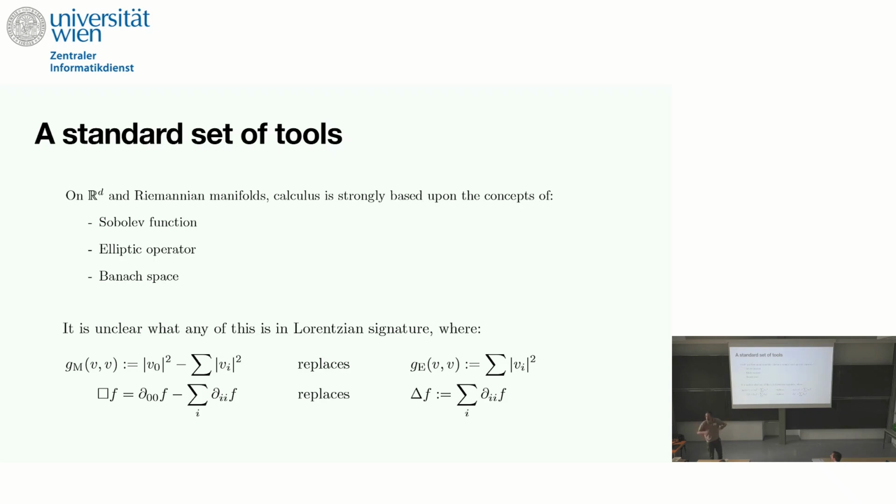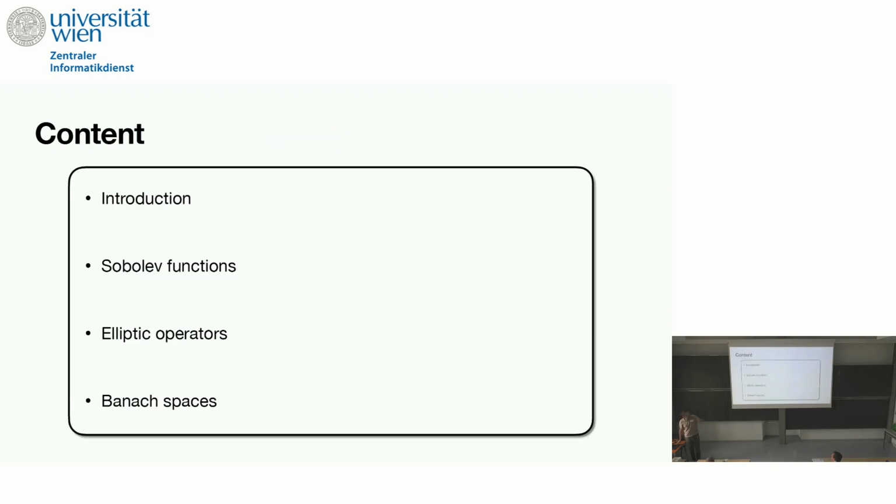Maybe it's a different geometry, maybe you need a different set of tools. Nothing would be more normal than that. But knowing this, it's certainly worth posing the question a little bit. So this is what I'm going to talk about: a little bit of introduction to Lorentzian geometry, and then I will discuss what these three things could be in this signature.